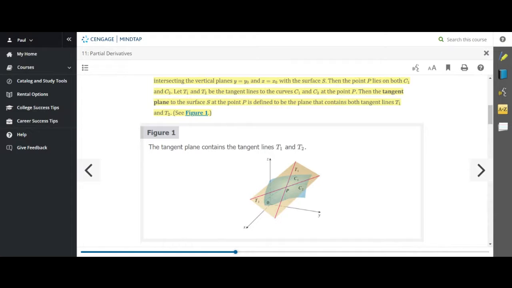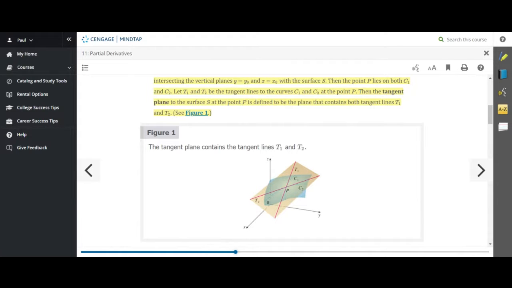If we take the intersection of the plane x equals x sub 0 with the tangent plane, we're going to get that tangent line t sub 2. The tangent line t sub 2 is moving in the y direction, okay?